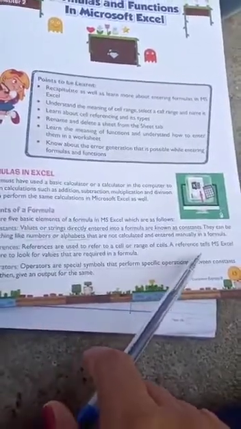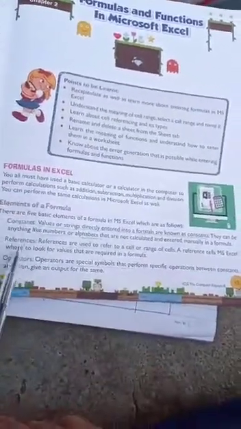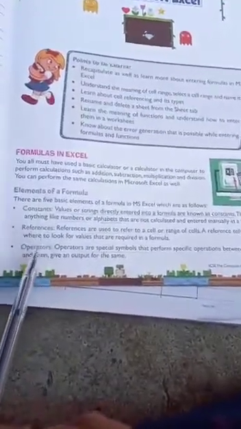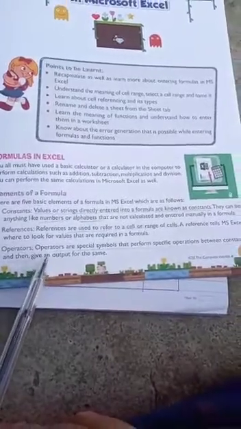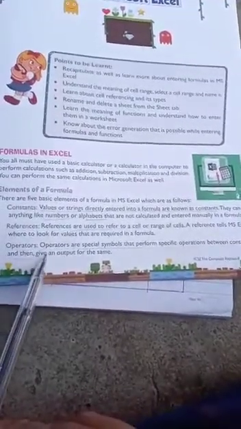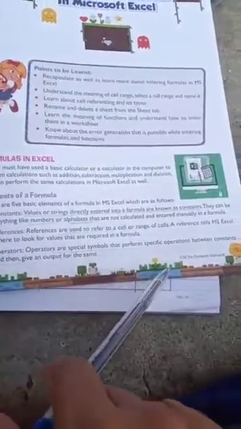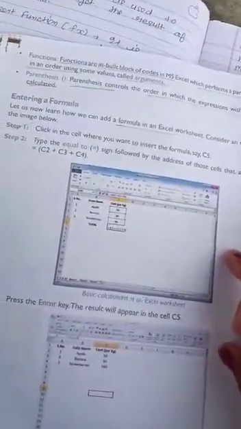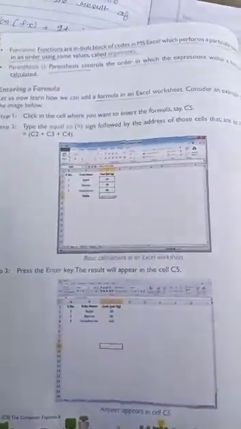Sometimes you want to tell MS Excel where to look for values. That is called a reference. Third one is operators. Operators are the symbols which are used to perform arithmetical operations like plus, minus, modulo.